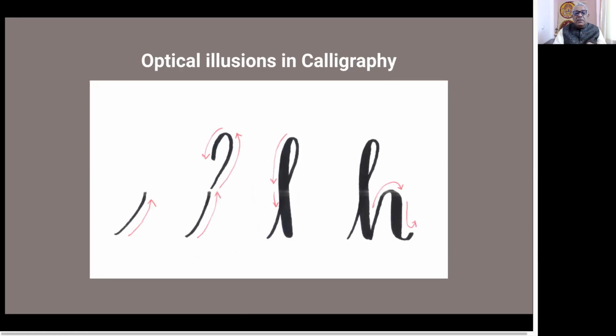The first one is an upward stroke, and after that you make a pause here, and then you deliberately change the angle of the upstroke and then take it down. This change in angle is very deliberate, and at a subconscious level we are doing this to compensate for this thick stroke passing over it.